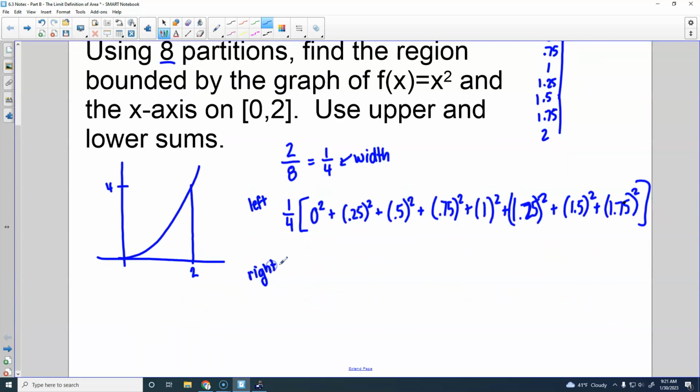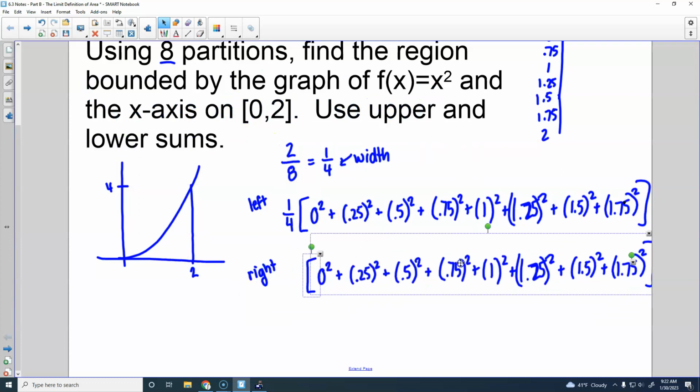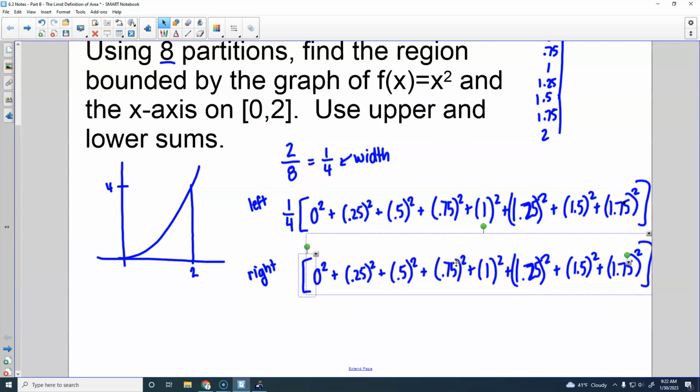If I wanted to do right, what's the only thing that changes? Right, so that 0 squared is coming out because I'm not using that first term. So just let me copy and paste here. I still have the 1/4.